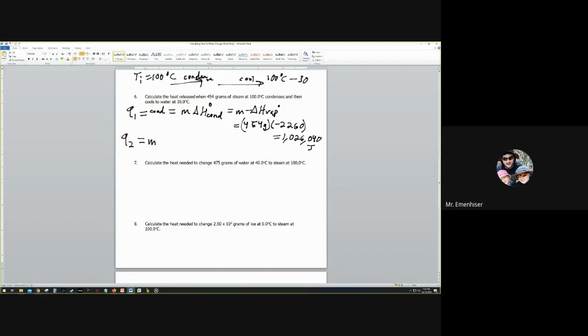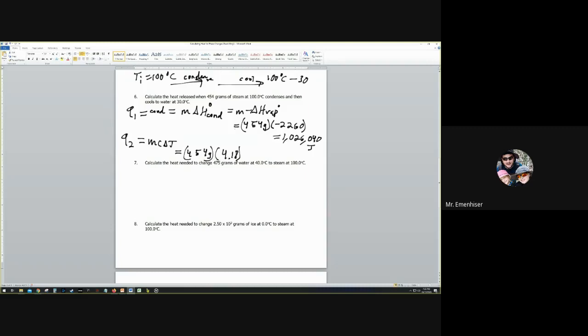All right, Q2 is lowering the temperature from 100 down to 30. So that's going to be MC delta T, which is 454 grams times 4.18, which is the heat capacity of water. And I would memorize that. That's pretty common, and they may not give you that. If you look on the AP Chemistry formula chart that I shared with you guys either last week or the week before, it may be in there, but I'm not sure.